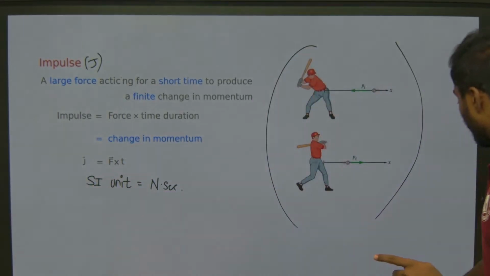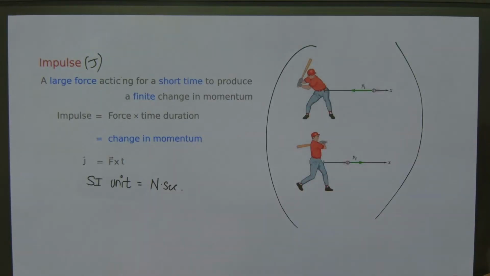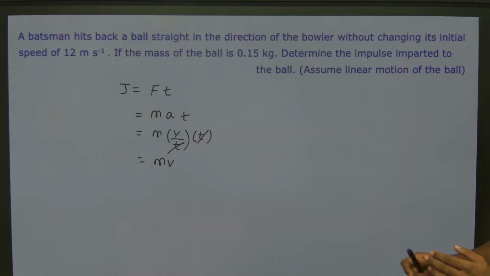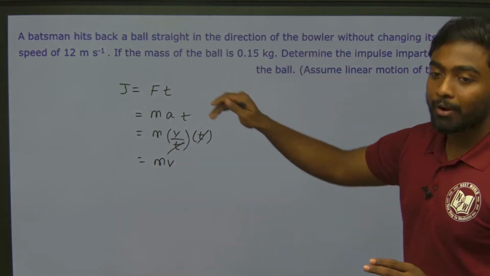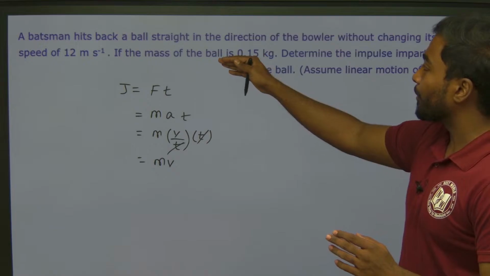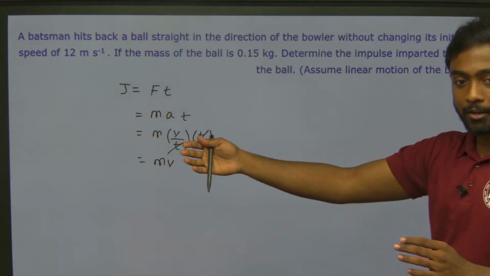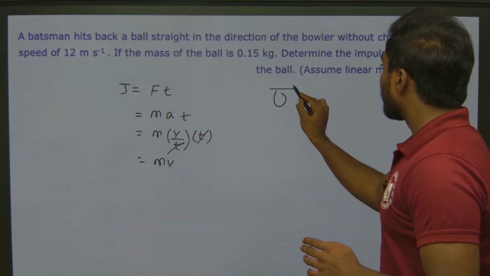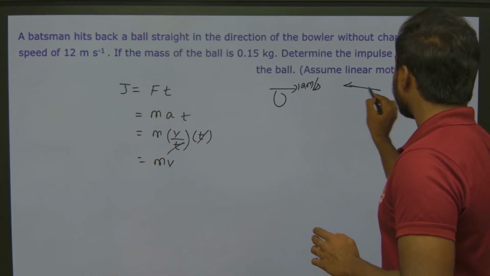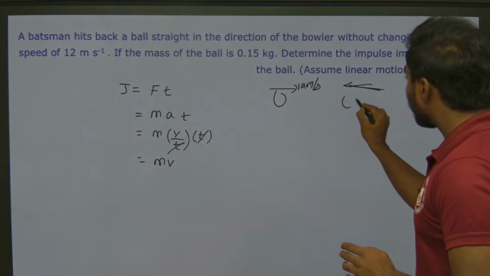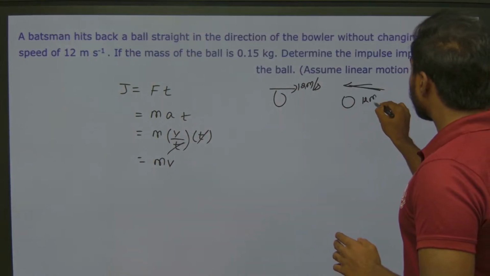So what should I do here? They are saying that a ball has been coming with a speed of 12 meter per second and a batsman is hitting it in the straight opposite direction. So again it will be 12 meter per second.